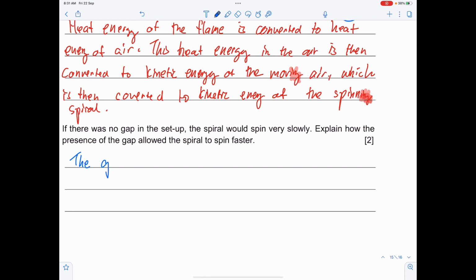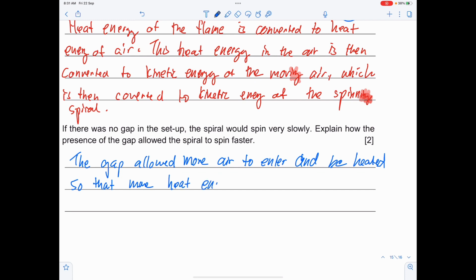So the gap allowed more air to enter and be heated, so that more heat energy of the air can be converted to more kinetic energy of the moving air.